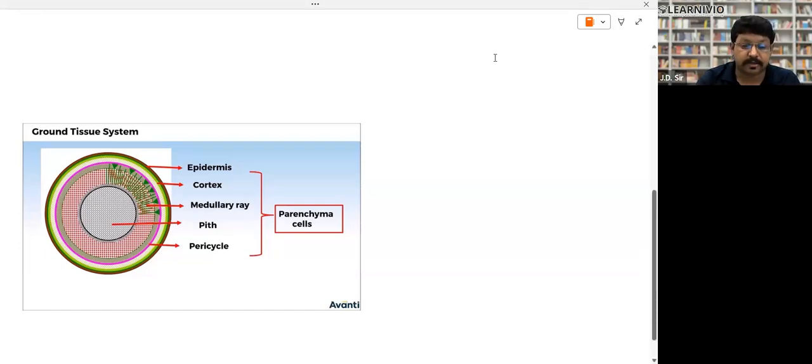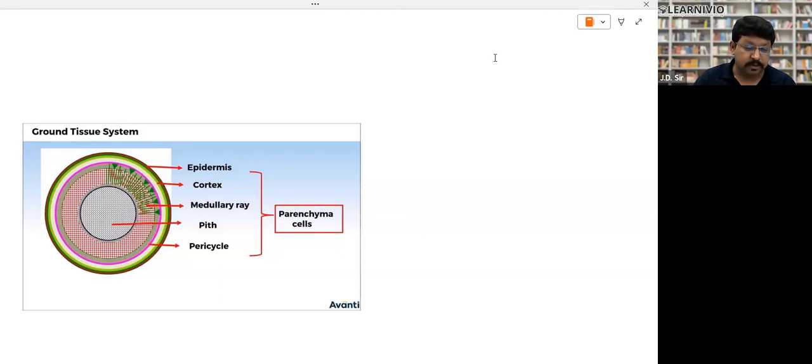The epidermal tissue system we understood, so at the center there will be some vascular system. The rest of the part is called the ground tissue system.